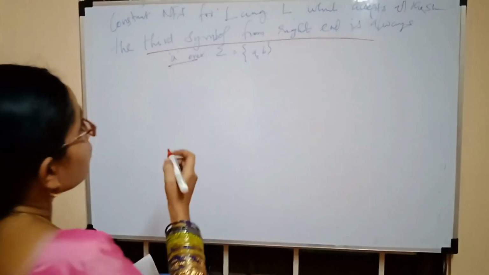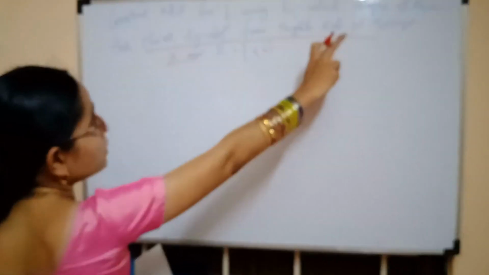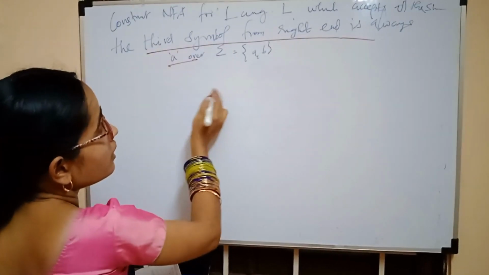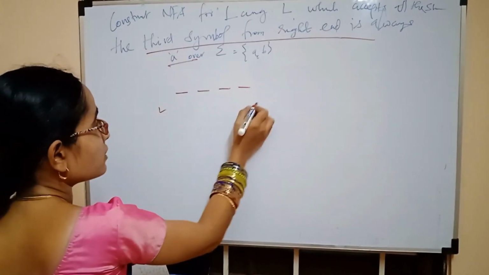Now you have to know the meaning of this. This automata will accept all the strings in which the third symbol from the right end is A. This is the left hand, this is the right hand.